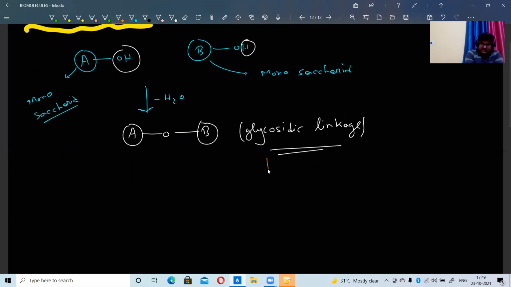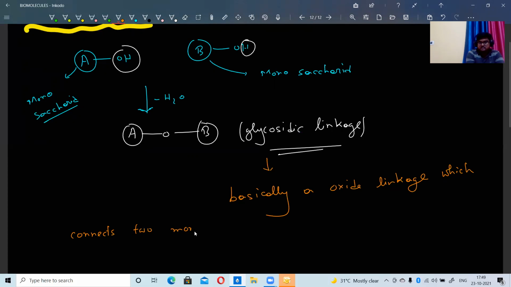So just write down what glycosidic linkage is: basically an oxide linkage which connects monosaccharide units together.